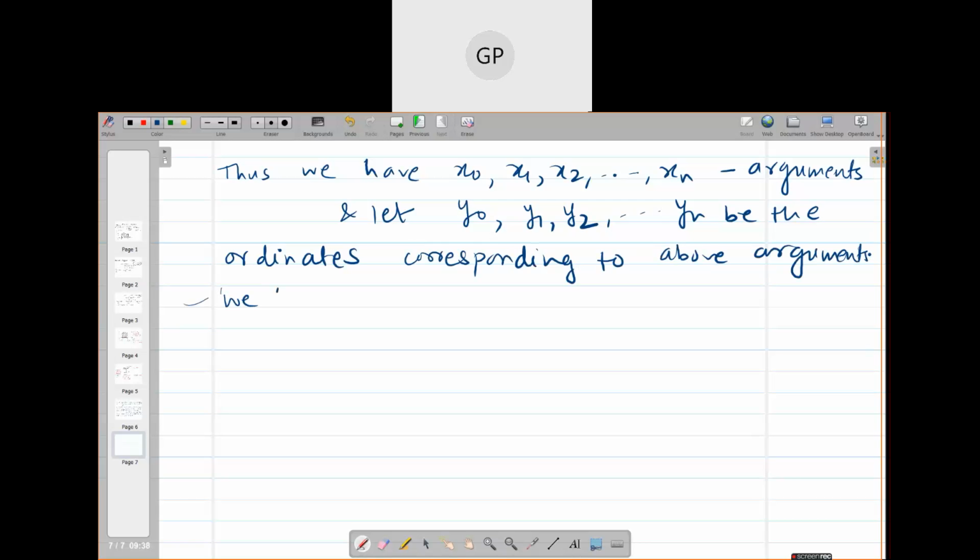So we have n plus 1 arguments and n plus 1 ordinates. We have n plus 1 x values and n plus 1 y values.